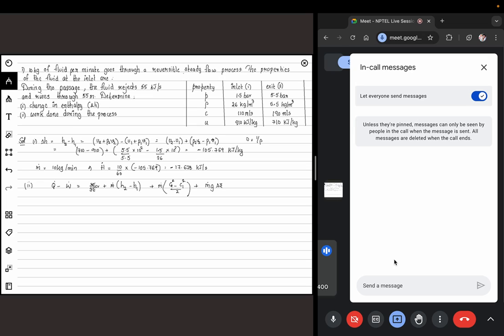Since it is a steady state process, it is already given that this is a reversible steady flow process, so we make this equal to 0. And it says that the fluid rejects 55 kilojoule per second, so Q dot is negative. So this is minus 55 minus W dot. M dot times delta H, we have already calculated it.